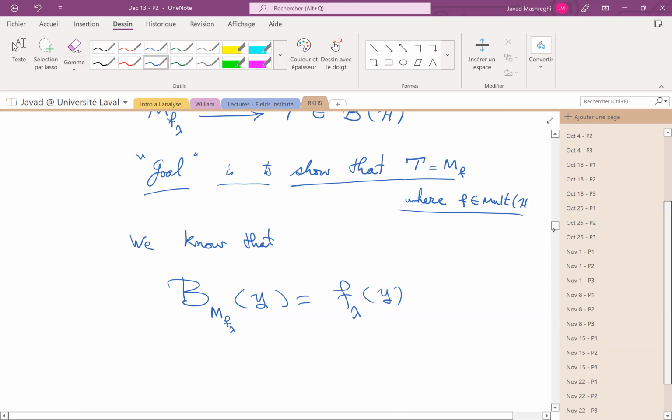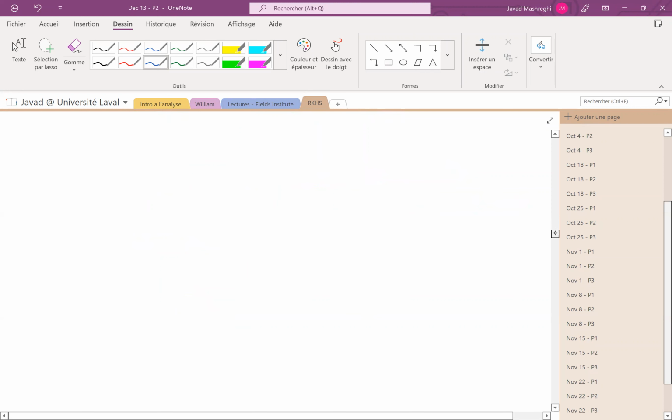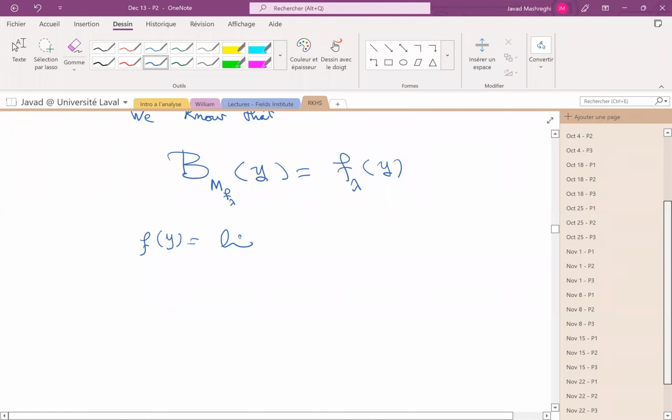Based on the convergence, a good candidate is to define f at point y to be the limit over lambda of f_lambda of y whenever the limit exists. We don't know yet, but we will see where it exists.